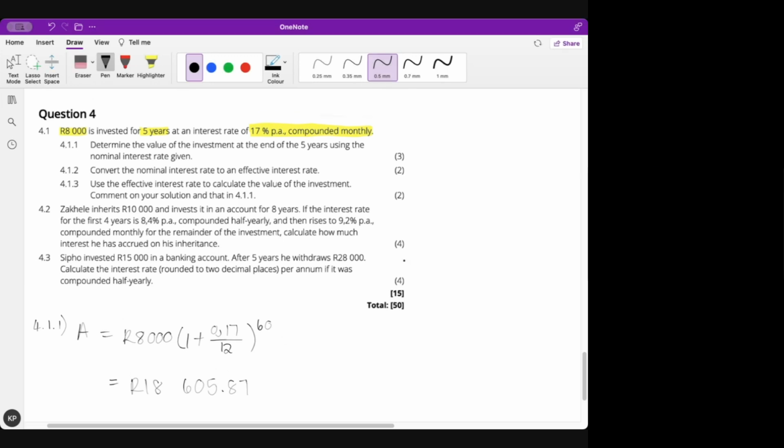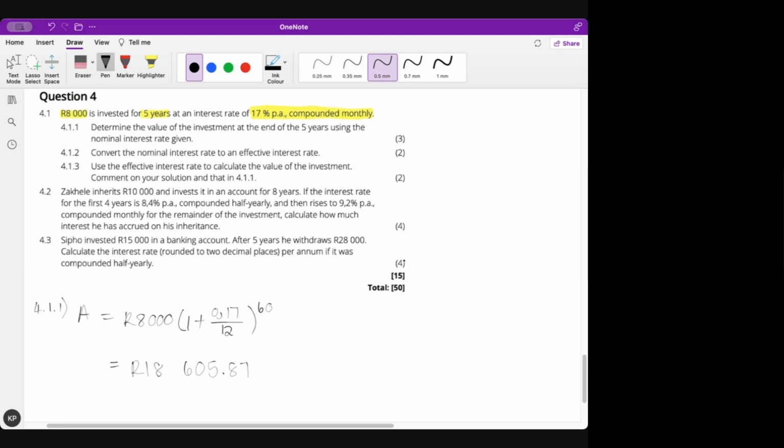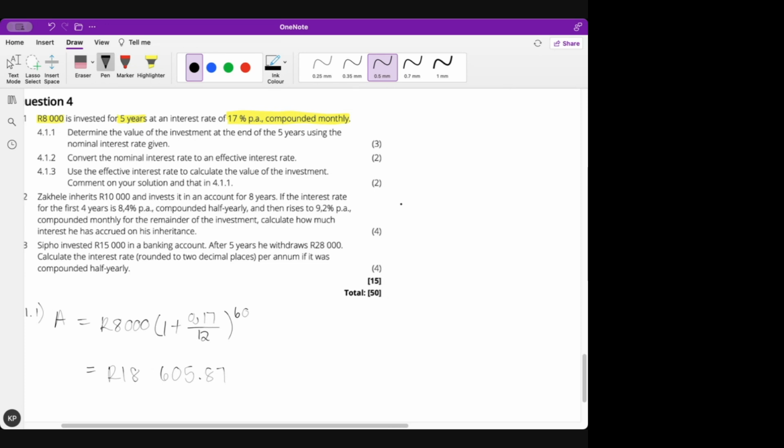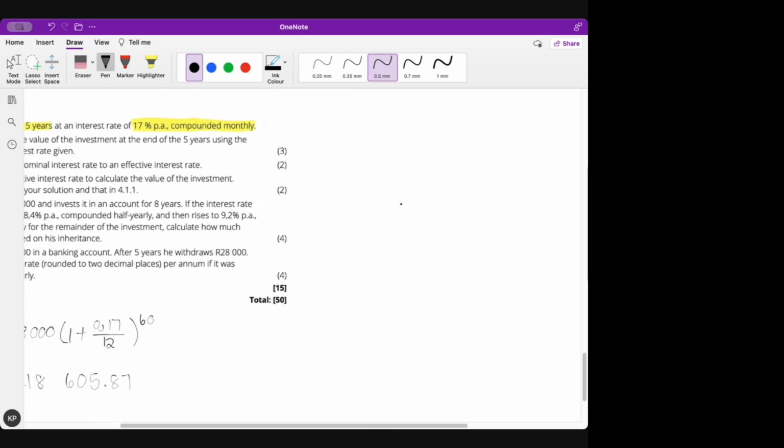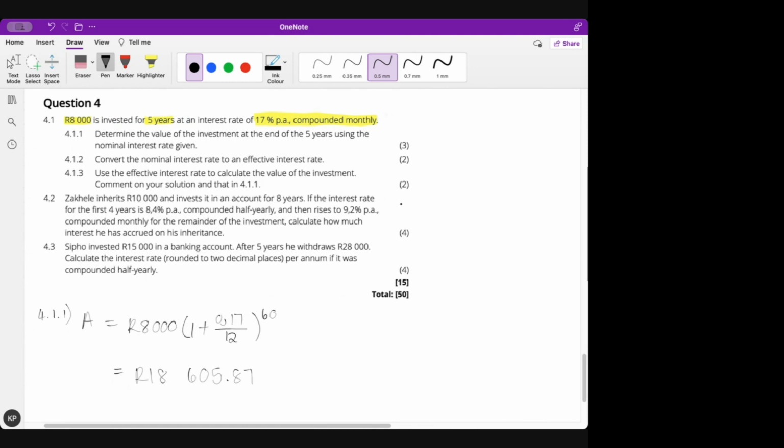Now they say convert the nominal interest rate to an effective interest rate. Now, if you remember or recall at the beginning, we did have a formula, which I'm going to rewrite over here. Tandiwe has a different answer, which is interesting.